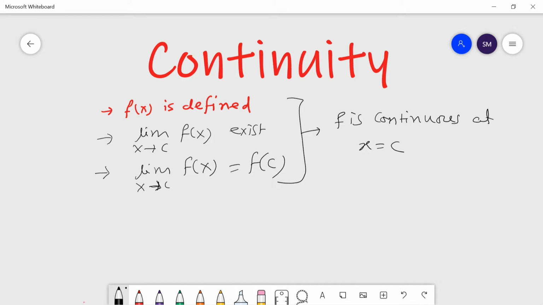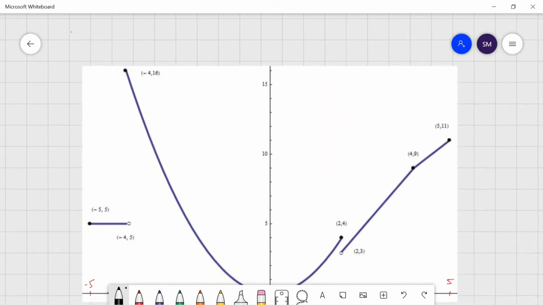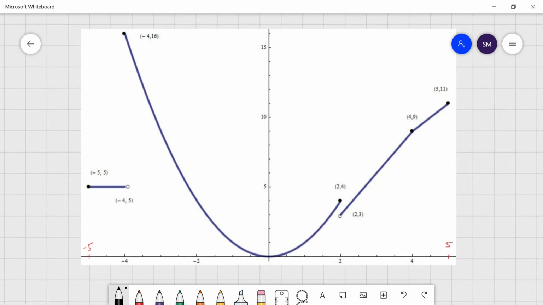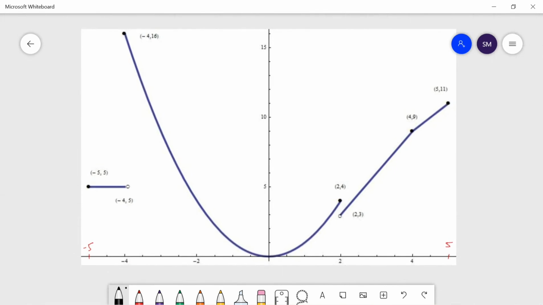The first example we discuss through a graph. Suppose you have this function as described in the graph.